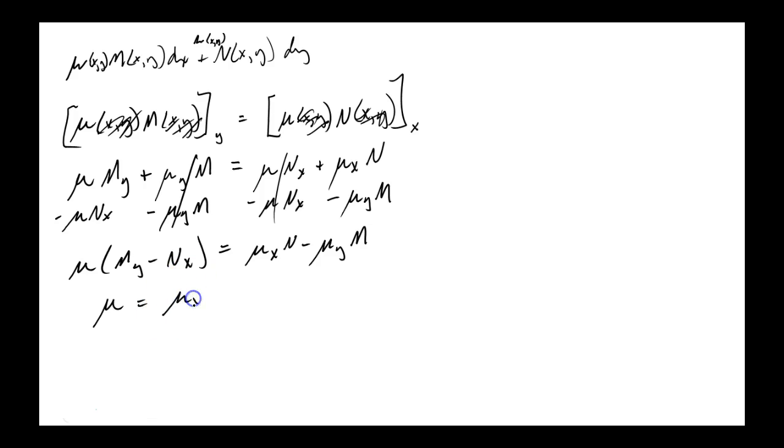It's mu sub x n minus mu sub y m divided by m sub y minus n sub x. Okay? Now, what about the mu sub x and the mu sub y? Where?